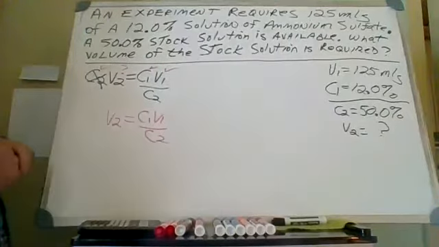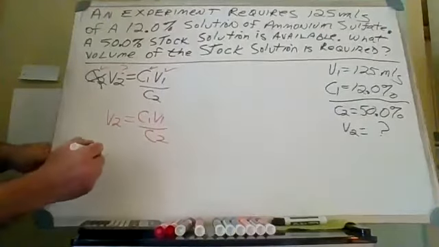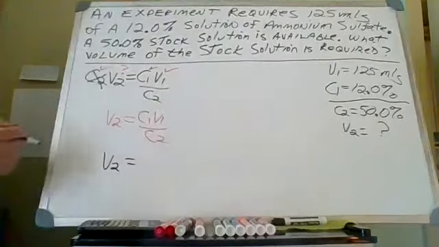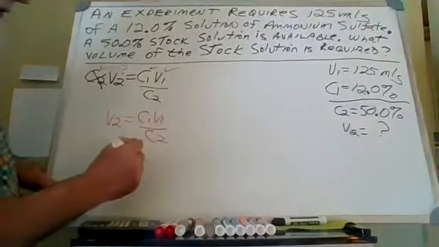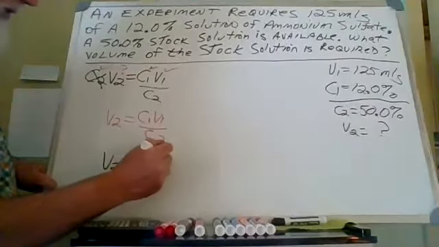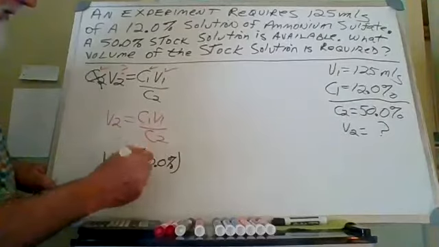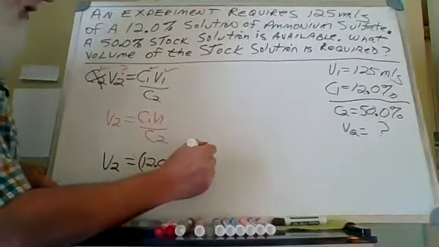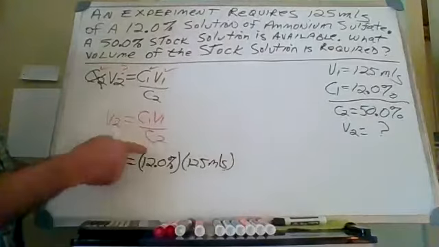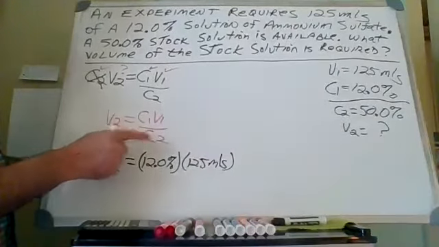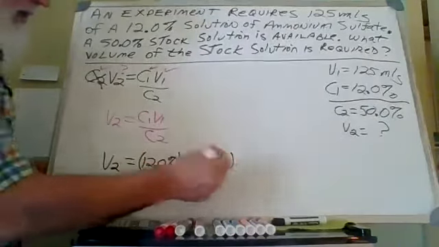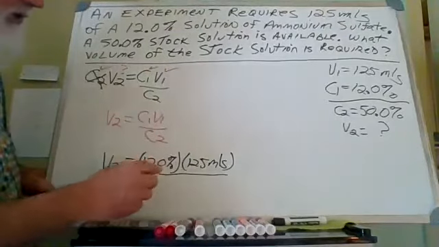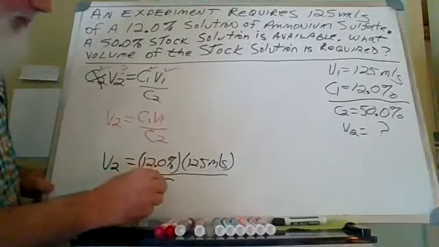V2 equals 12.0% times the first volume, 125 milliliters. Remember, you're just looking at the line above to tell you what to put in and where on the current line, divided by C2, which is 50%.